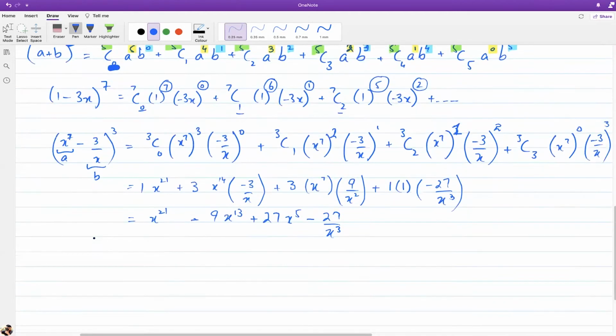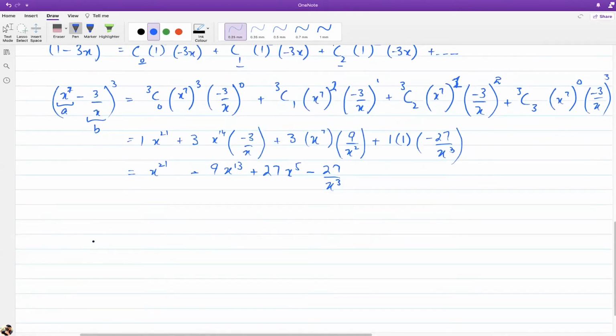Second question is they ask you for a general term. They ask you for maybe term number 3. So you say, okay, I have the same thing, minus 3 over x, and I want to find term number 3. That means, what is the power here? What is r? Remember this thing. This is term number 1, term number 2, term number 3, term number 4. But what is the value of r here?